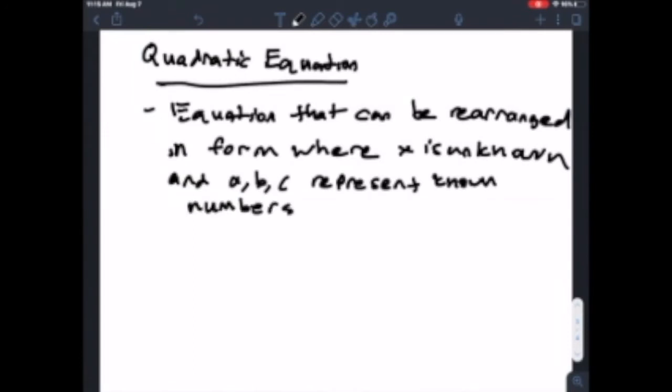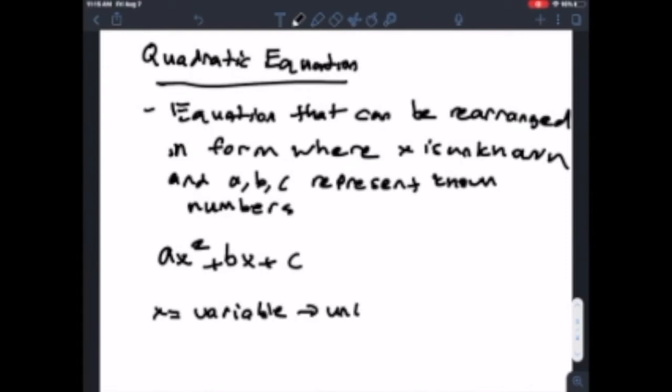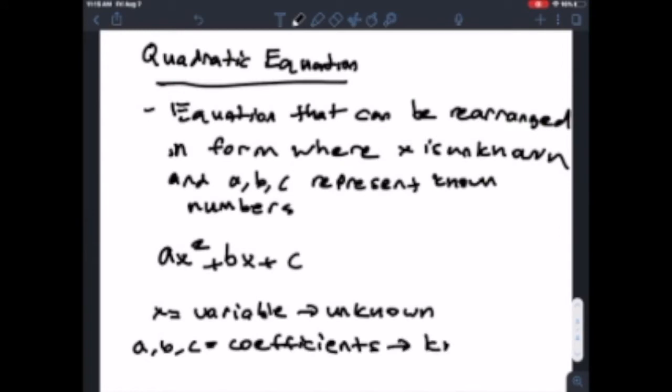So the structure of a quadratic is ax squared plus bx plus c. Remember that x is the variable. It's unknown. And a, b, and c are referred to as coefficients, and these are known.